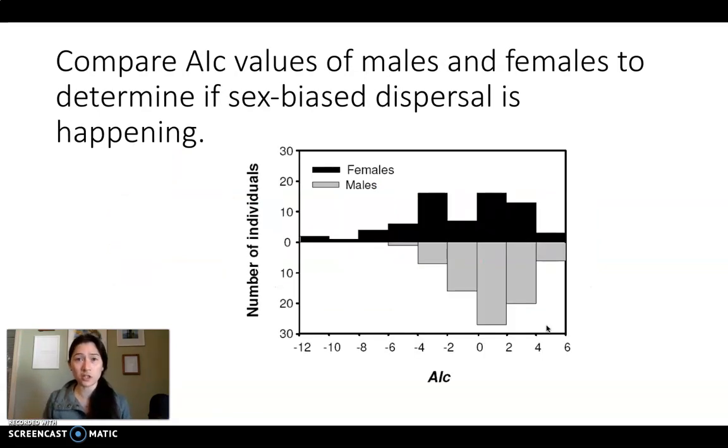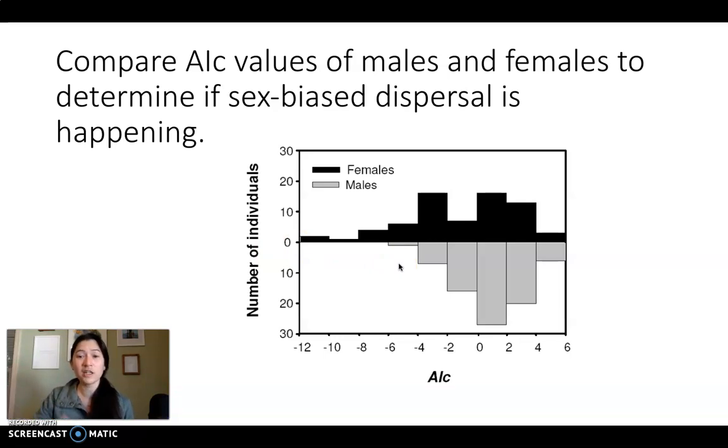So when we're thinking about this within the context of sex bias dispersal, once we've calculated those AIC values for each individual, we're separating it out into males and females. And so this is an example image from your textbook where you can look at the AIC values, the number of individuals, and again, remember a negative AIC value indicates that individual likely came from somewhere else.